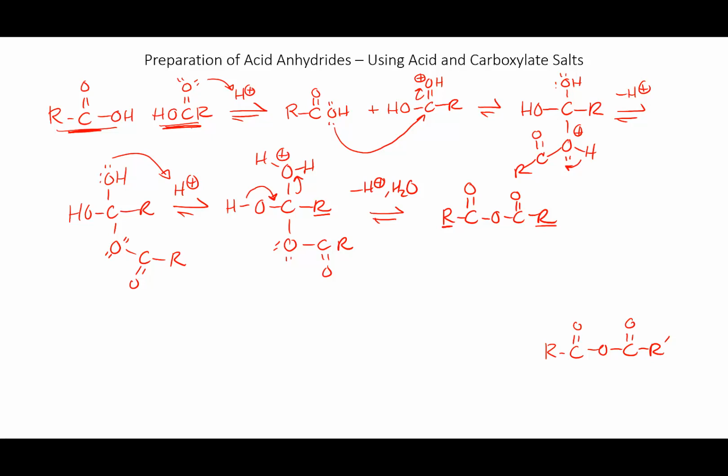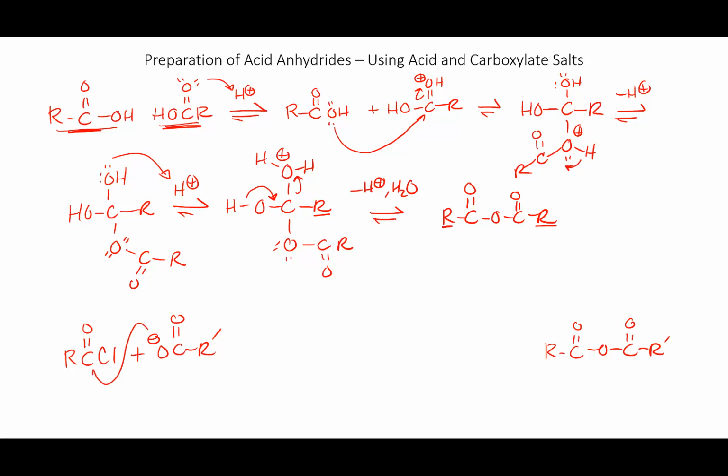So the best way to do this is to simply say, let's start with an acid chloride, and now let's react it with the salt, the deprotonated carboxylic acid, the carboxylate. I can't react that with a carboxylic acid, but I can react it with an acid chloride.